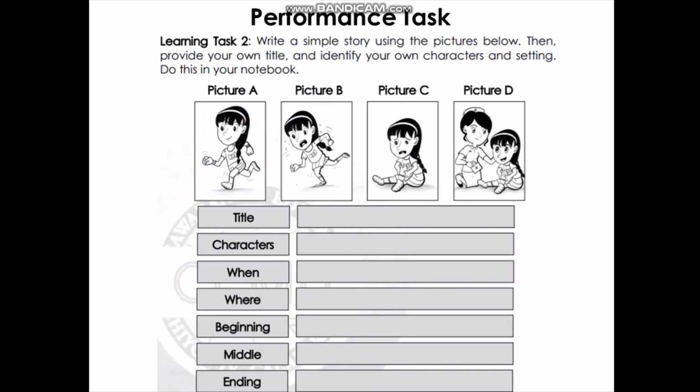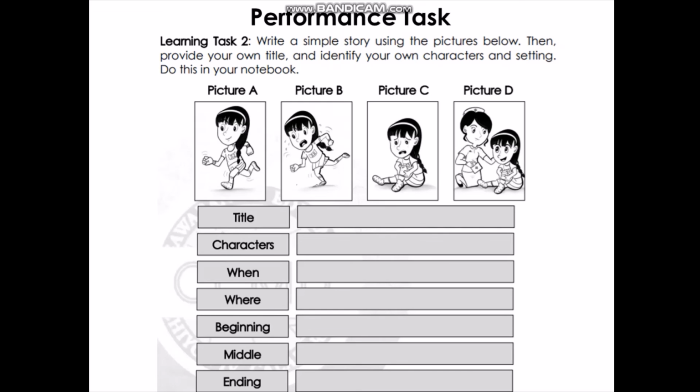And then when do you think that happened? And where? What is the place do you think that happened? And then beginning. Now you write the start of your story. Based on pictures A, B, C, and D, create your beginning. You write first, where is the setting?